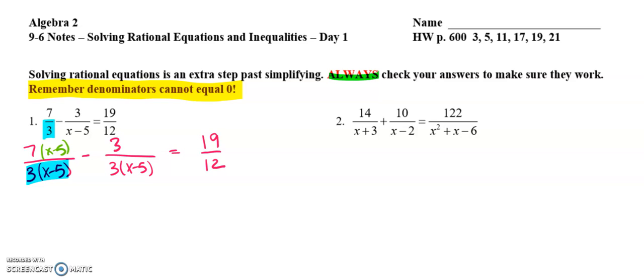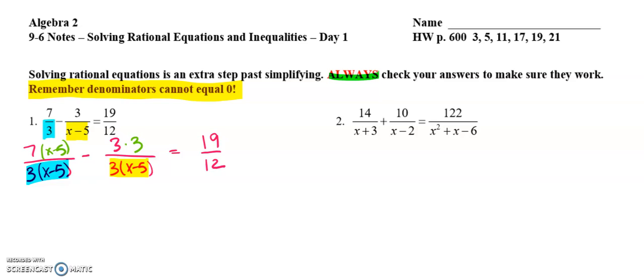And then in the second part, when I compare this denominator with this denominator, what was missing? I was missing the 3. So the 2 pieces in green are what I needed to add in order to make the denominators equal each other. And that also keeps our fraction equal to 1, meaning we're not changing the fraction at all.